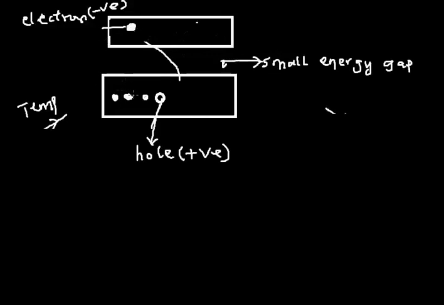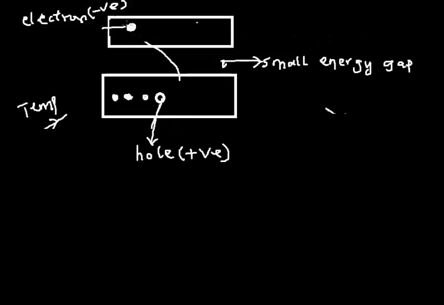In fact, the conduction of electricity, which is current, is caused by the flow of charge by the charge carrier. So the electron is a charge carrier, and the flow of electrons causes the semiconductor to conduct electricity.